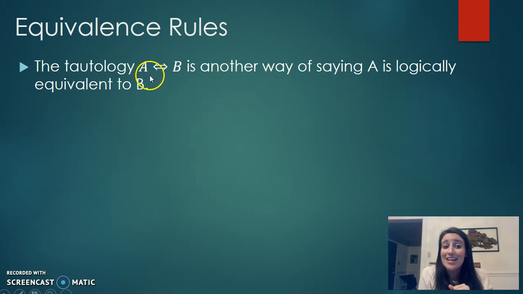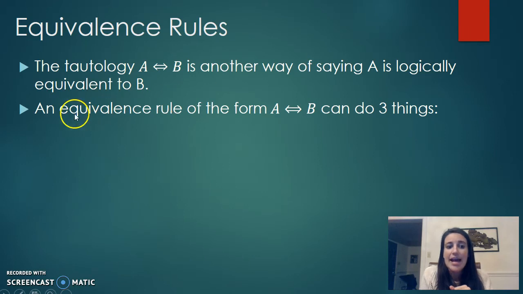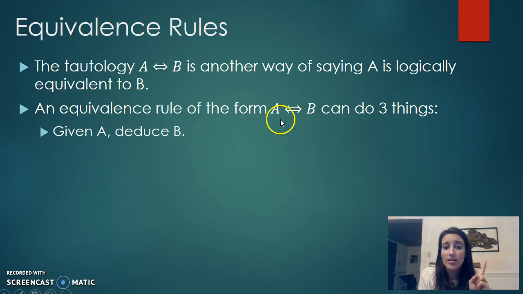The tautology A if and only if B is another way of saying that A is logically equivalent to B. An equivalence rule in this form can do three things. One, given A, we can deduce B. That reads the if and only if from left to right.